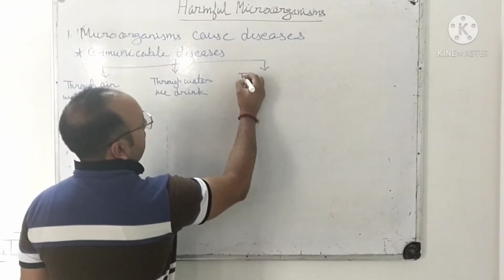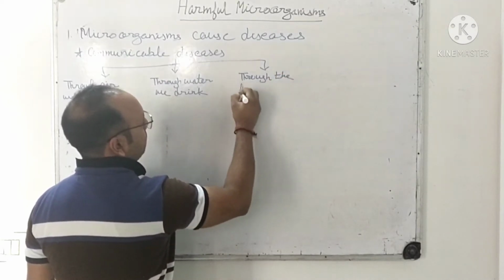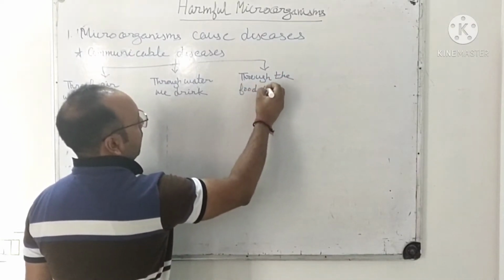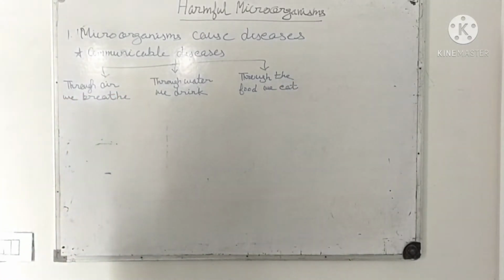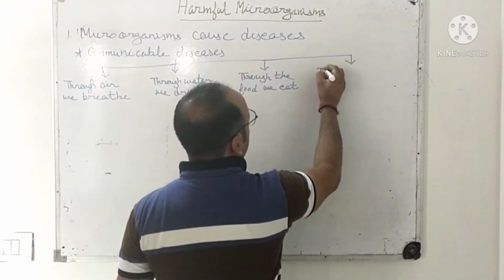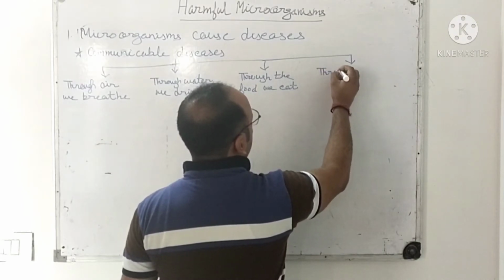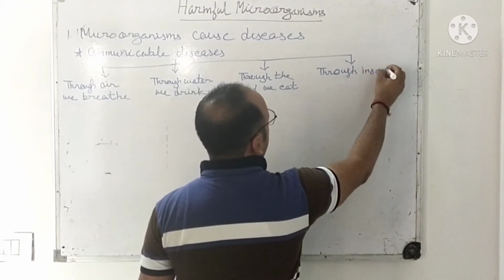Secondly, through the food we eat. If the food is infected, then also it will spread. Then, through insects and animals.